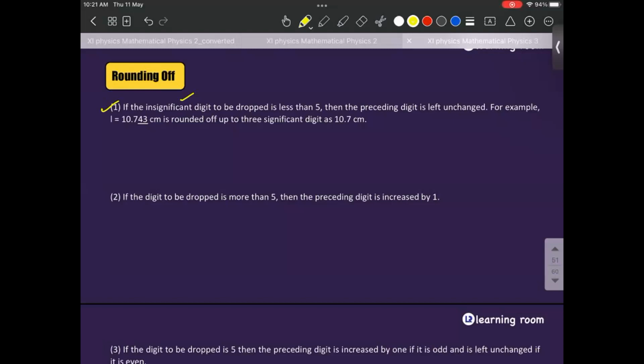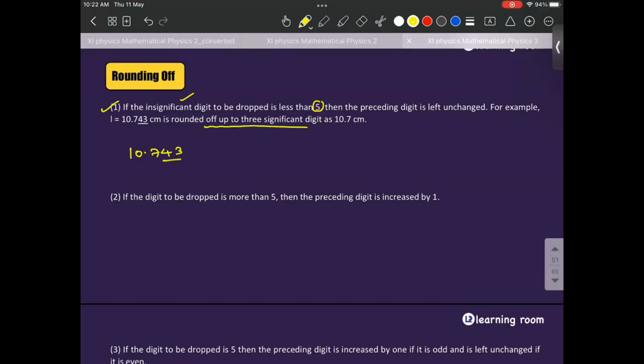If the insignificant digit to be dropped is less than 5, then the preceding digit is left unchanged. This is what you have been practicing throughout. This you already know. See, for example, if I have the reading as 10.743, now I want this to be rounded off to 3 significant digits. So what is the number you are going to drop?